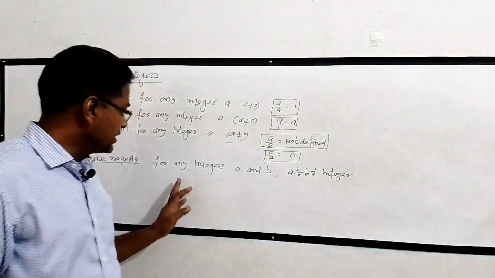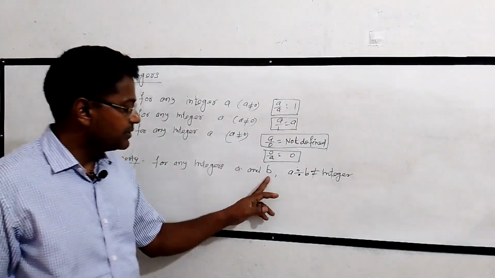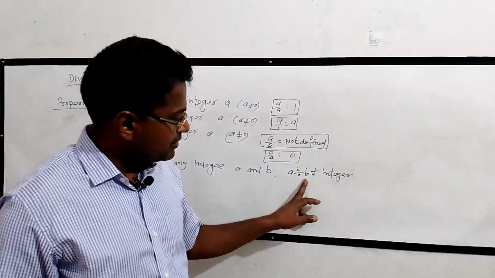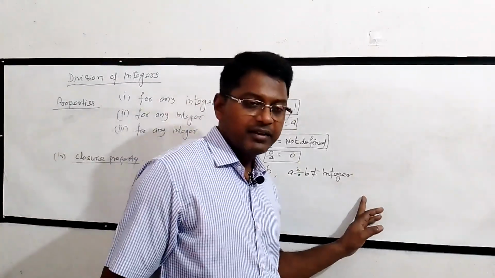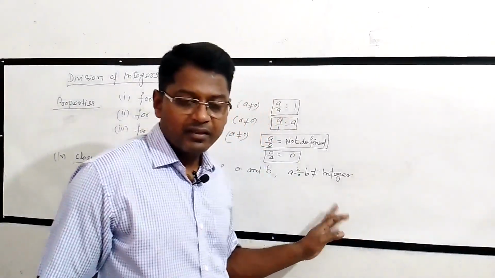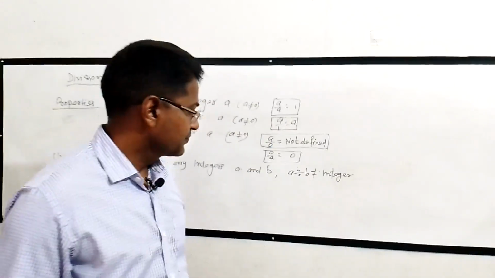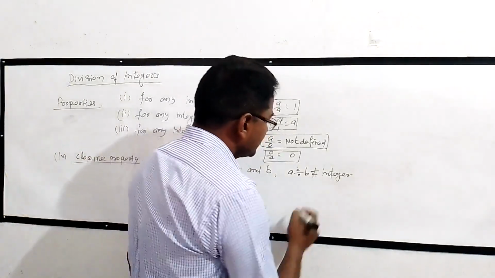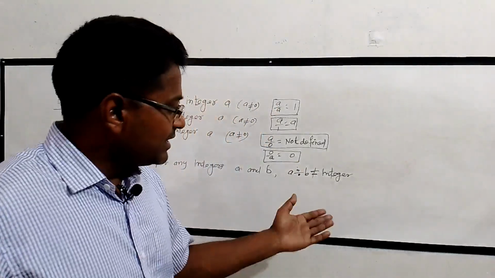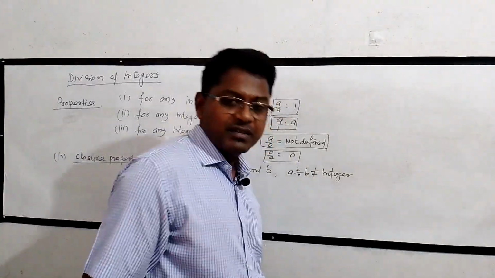It means if there are two integers a and b, then a by b is not necessarily an integer.